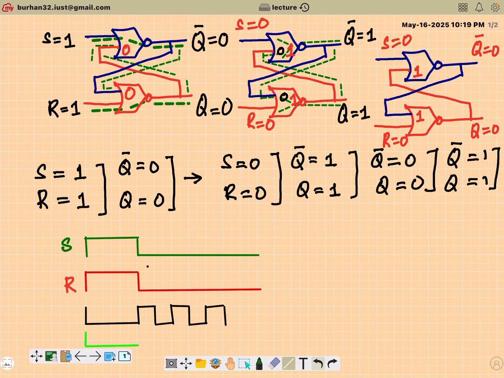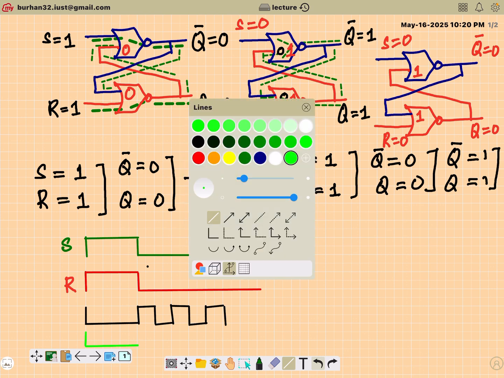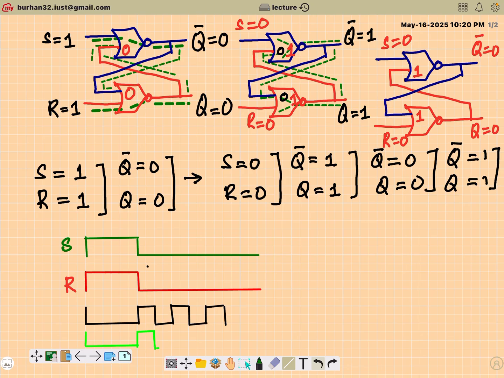If you're savvy enough, you can imagine what the repercussions of this can be. And the same thing with the Q bar. So this one right here is Q, and this is Q bar.